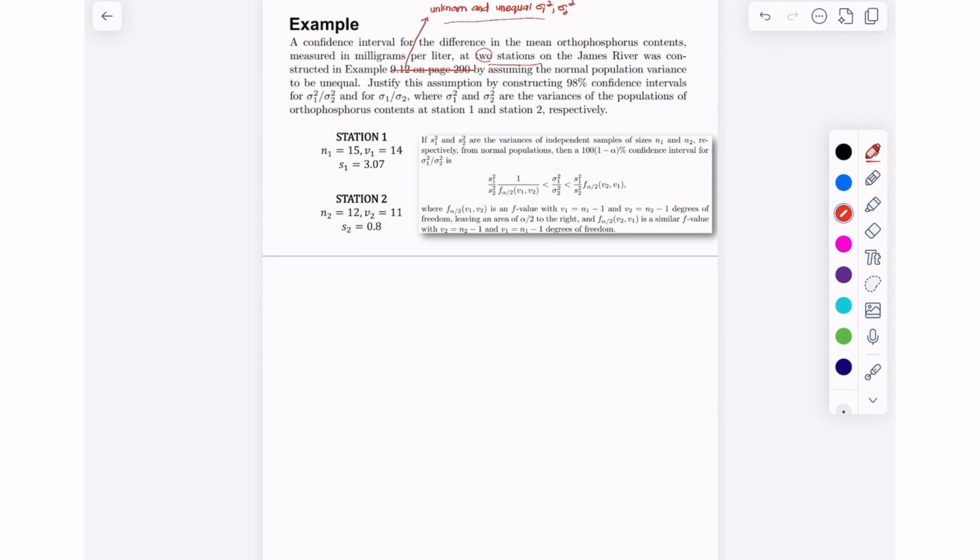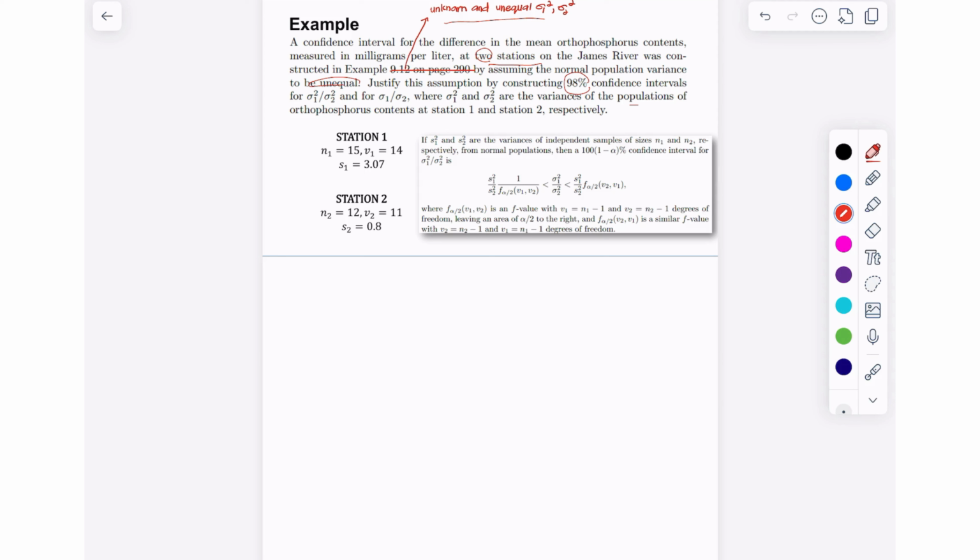By assuming the normal population variances to be unequal, justify this assumption by constructing 98% confidence intervals for the ratio of the first variance divided by the second variance, and also for the standard deviation ratio of the populations.